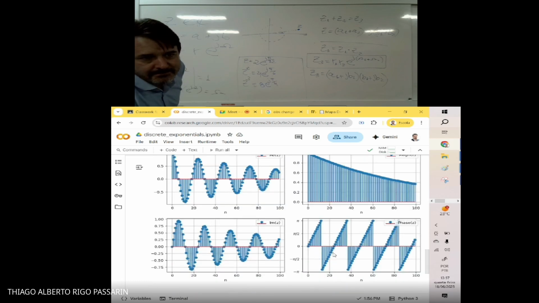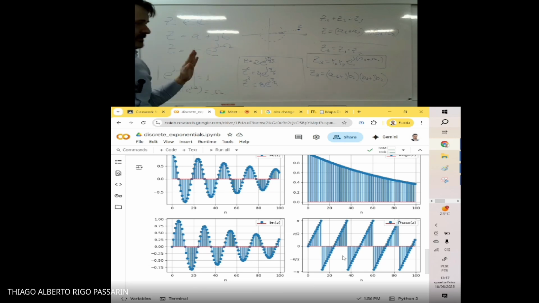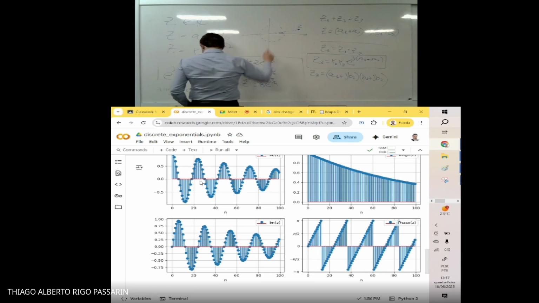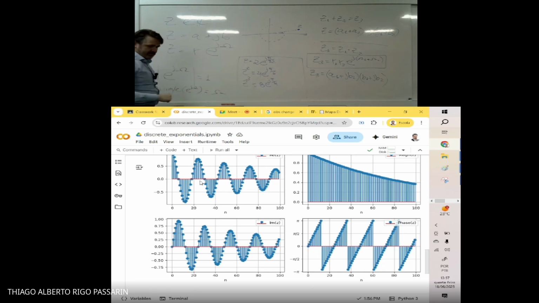Here, it will grow more steeply, right, with a larger inclination. The frequency here will also be larger. Actually, this omega, in the context of discrete exponentials, is called a frequency.